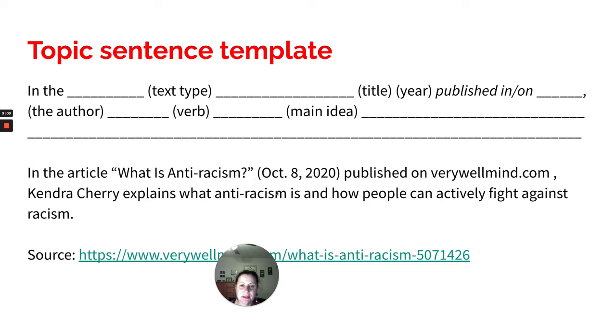The year in parentheses. And then it was published on this website, so I'm going to write that, comma. So this all here is my front structure. Then I have my subject, the author, Kendra Cherry, and then the verb, explains, and then this is the main idea of this article. What anti-racism is and how people can actively fight against racism.